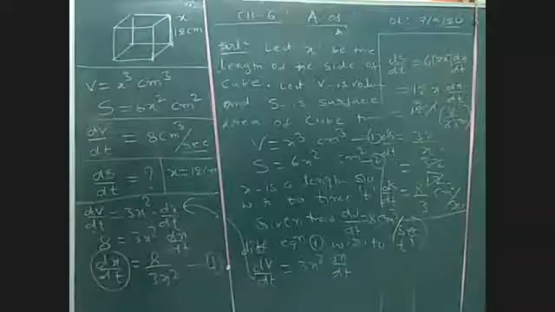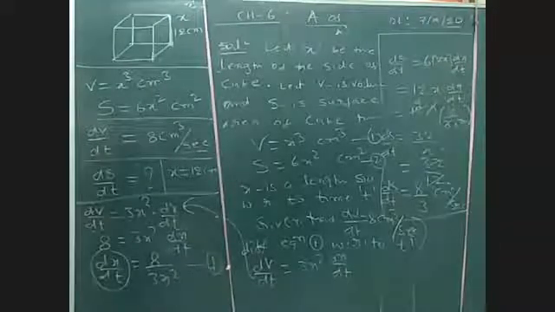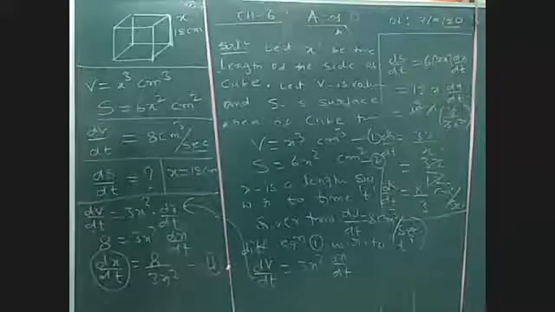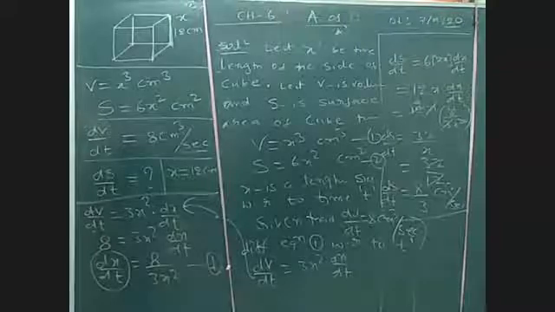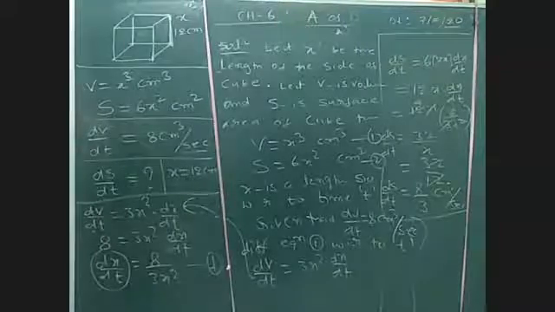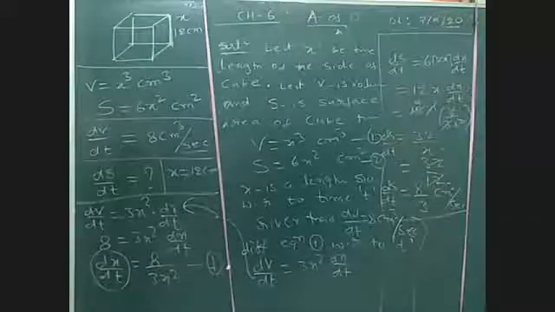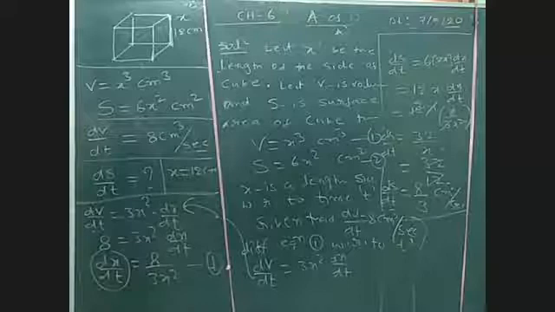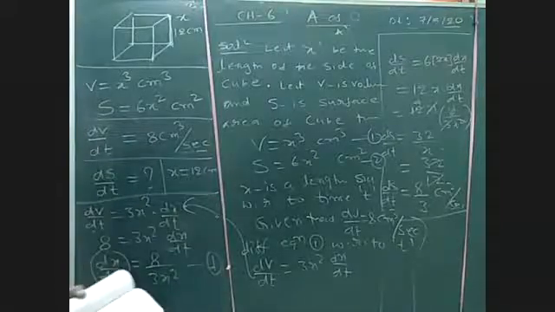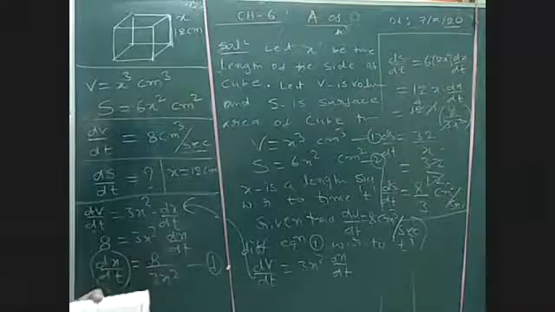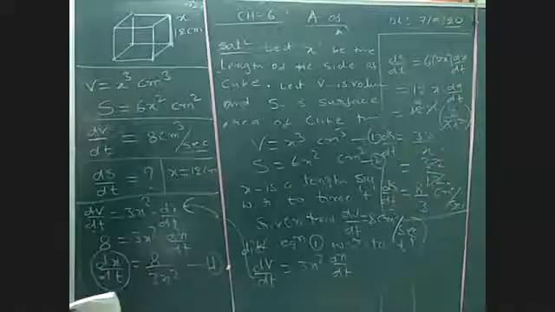Radius is changing, nothing but dr by dt is given as 3. Find the rate at which the area of the circle is increasing. So we need to find dA by dt. Here, increasing is given, nothing but area is changing, that is dA by dt, when the radius is 10 centimeters.